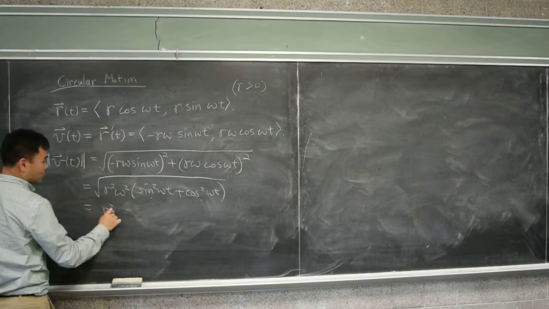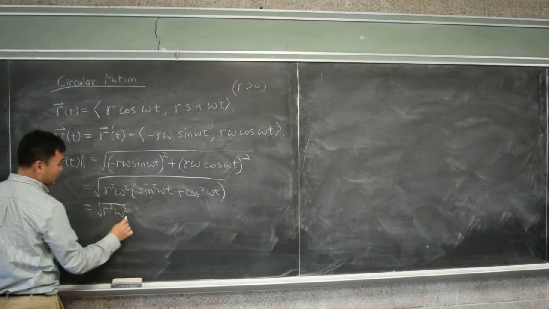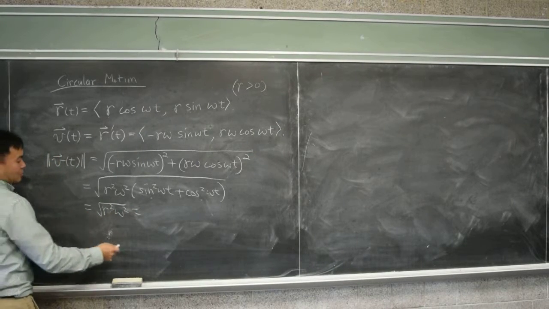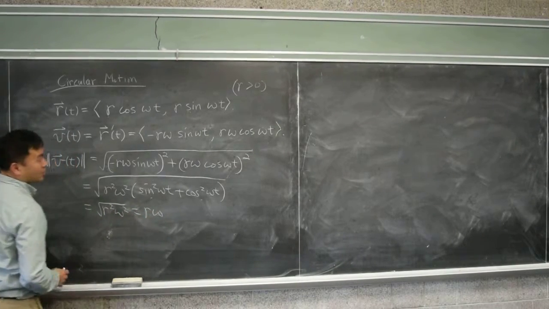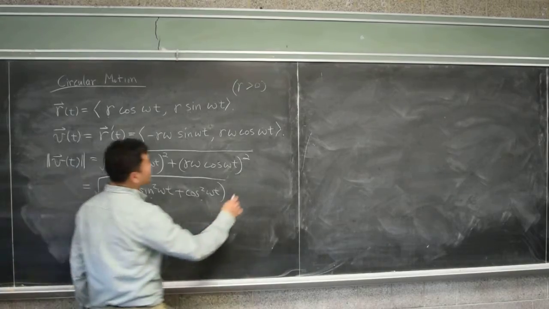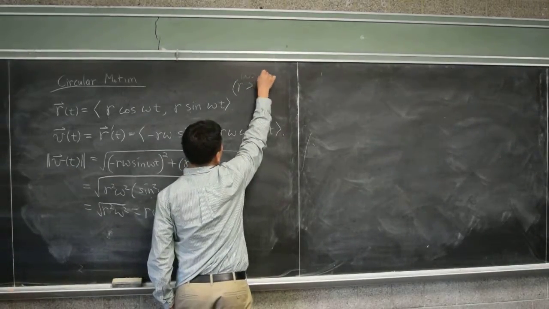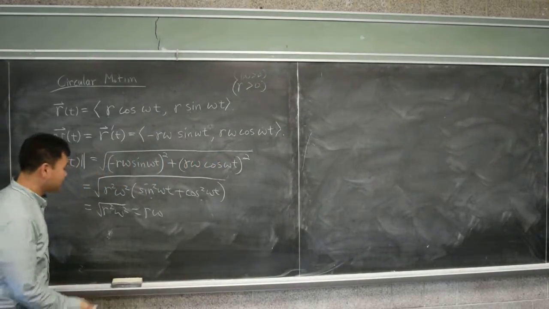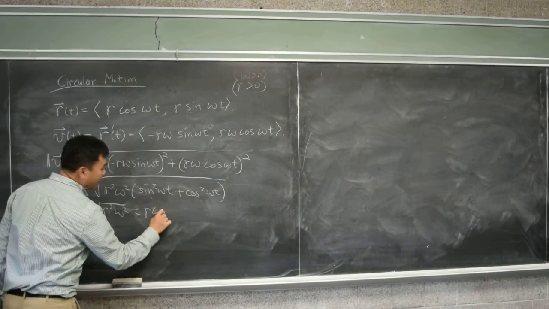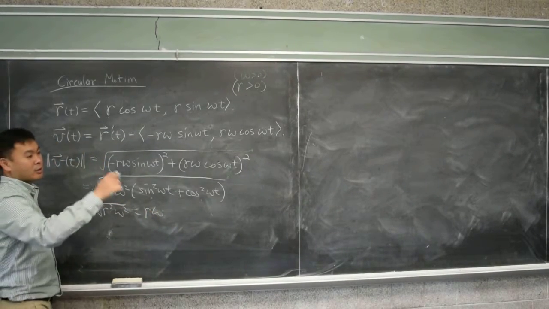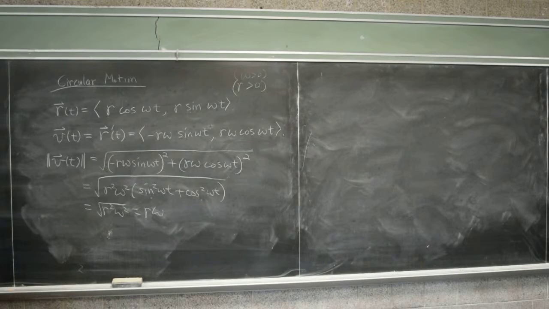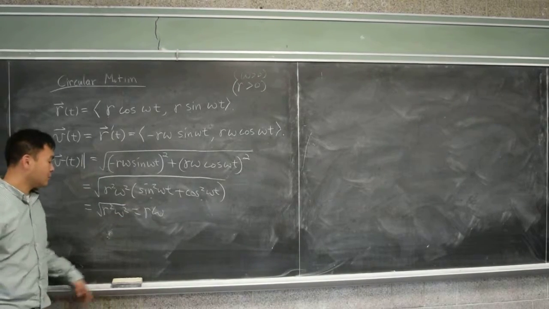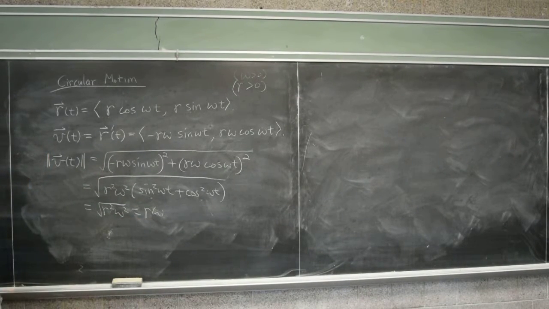So you get the square root of r squared omega squared, which is r omega. I'm even assuming omega to be positive, just for simplicity. Omega being positive means that you're going in the counterclockwise direction. It's not too important.